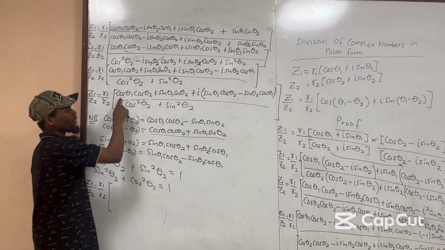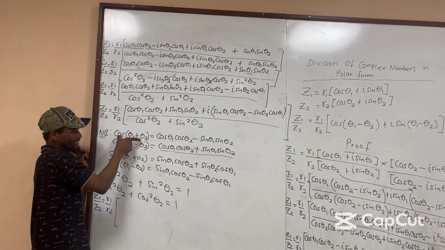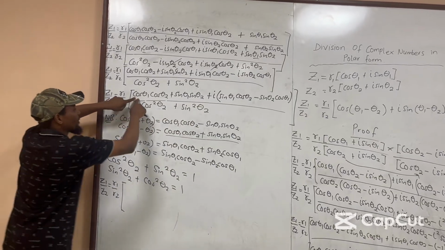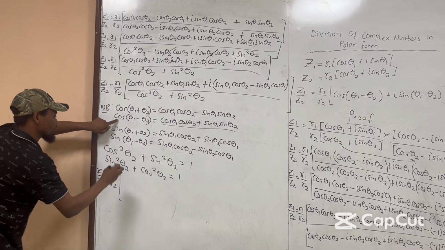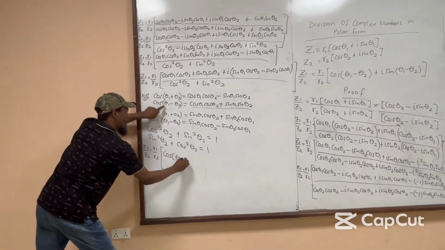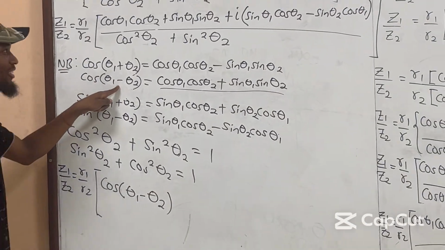Instead of writing the whole of this expression, I can simply write cos theta 1 minus theta 2. Do you get it that way?